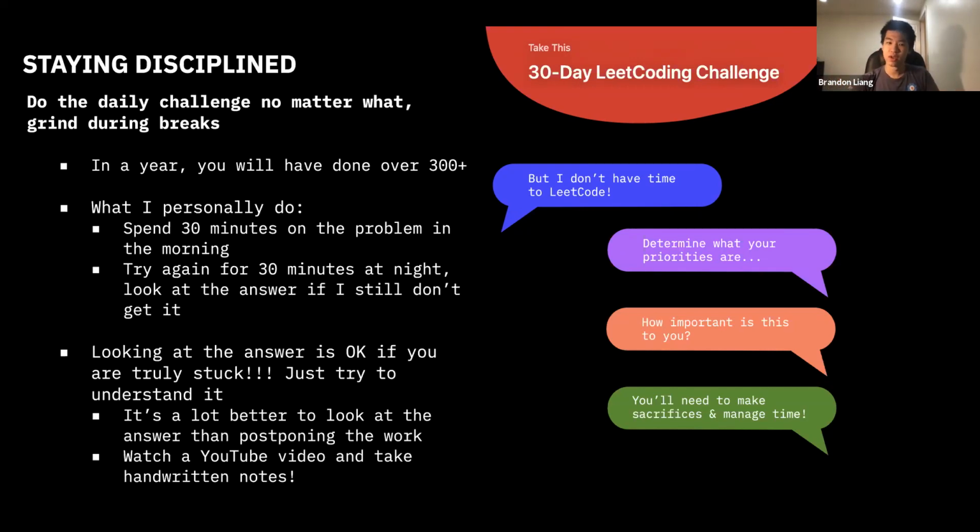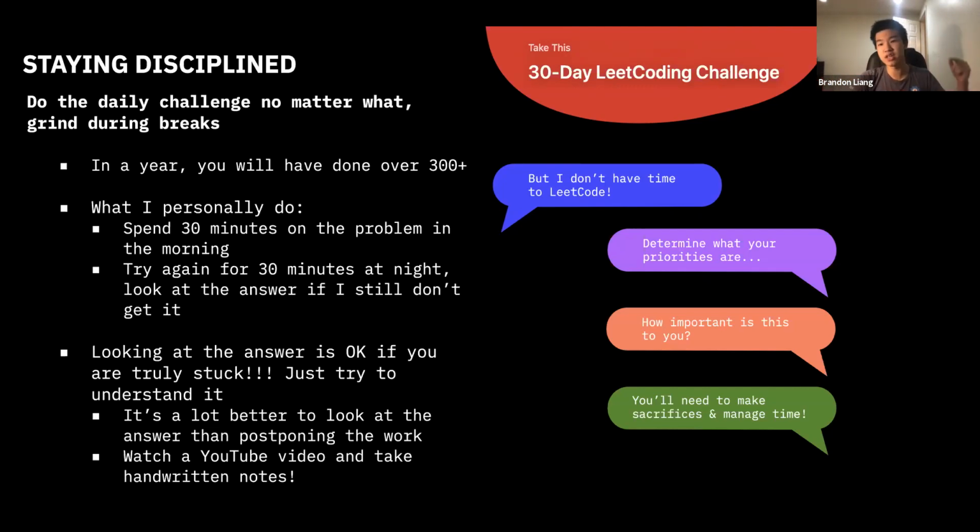And if you still can't get it, then by all means just look at the answer. Looking at the answer and learning the approach to the problem is far more efficient than getting stuck on it for a long time and then just forgetting about it and losing motivation. Just look at the answer if you're stuck.